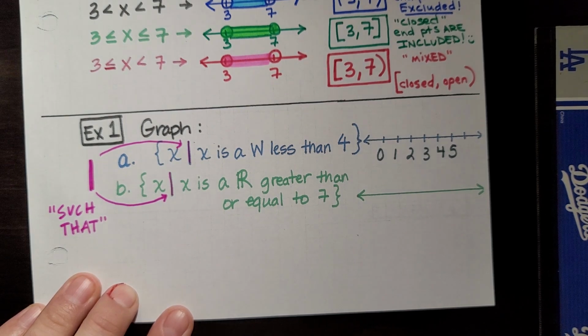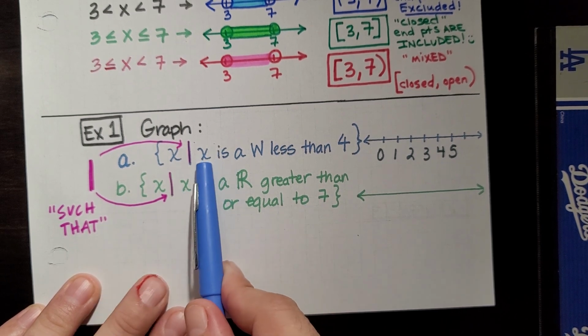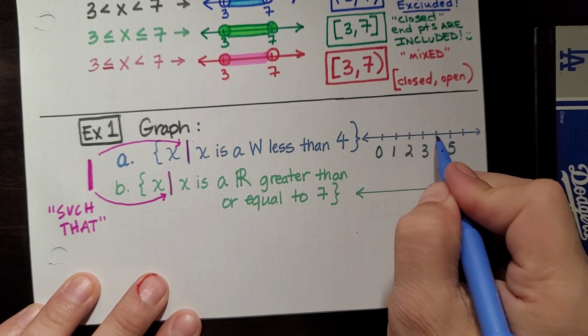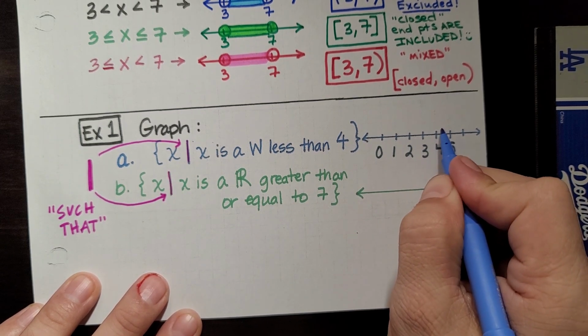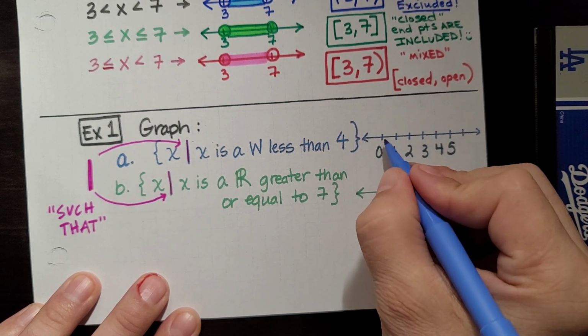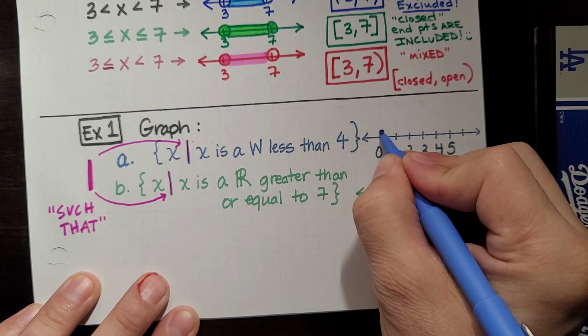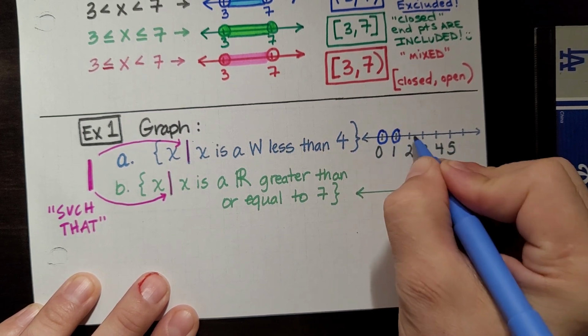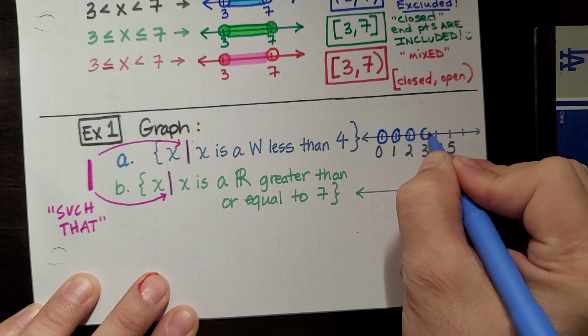And what I'm going to do is I want all the x's that are whole numbers less than 4. So I'm not going to include 4. I guess the book might have, but it left it open. I think that's just silly. It's useless. I'm going to include 0. I'm only going to circle the ones that I'm about to shade in. I'm going to include 1, 2, and 3.